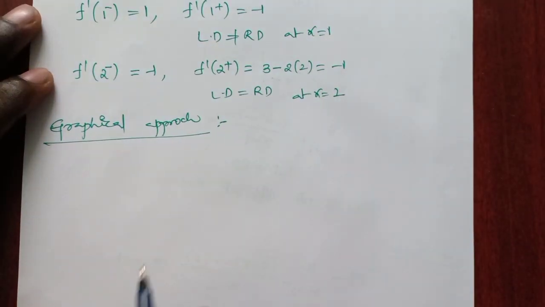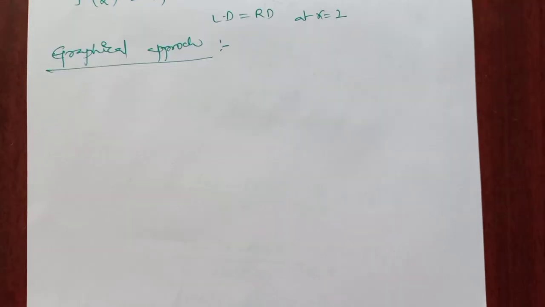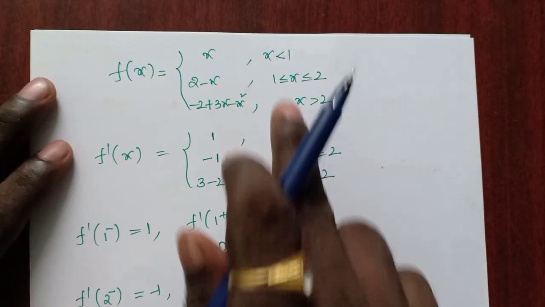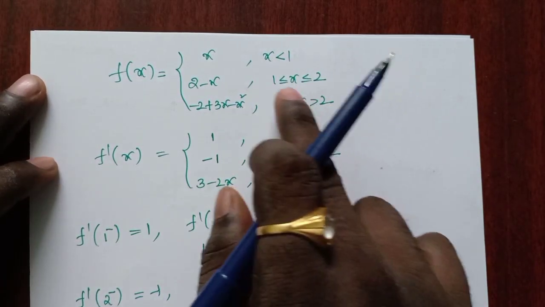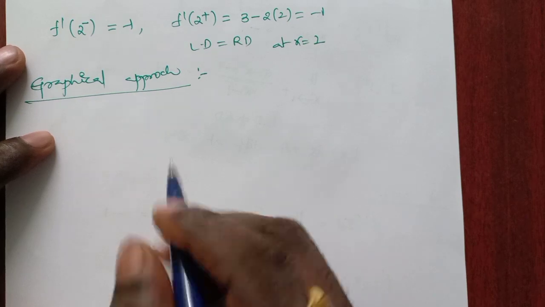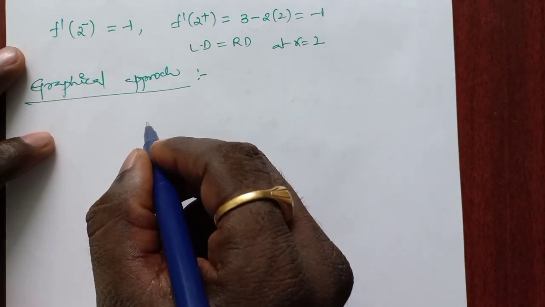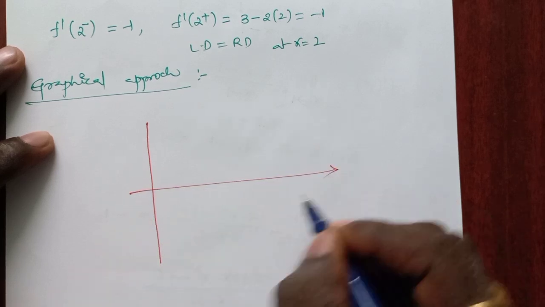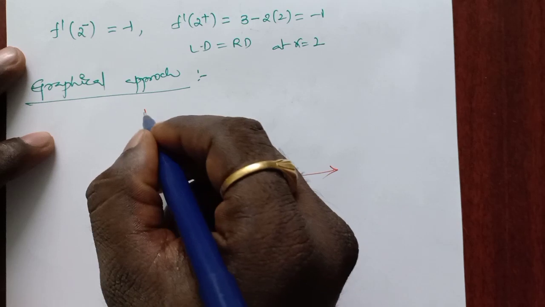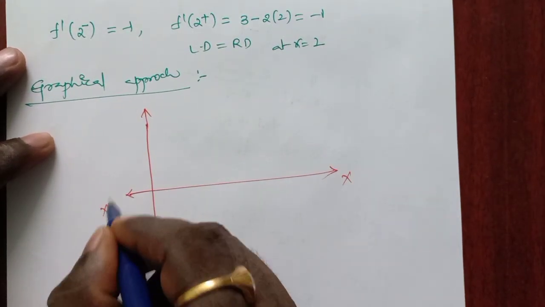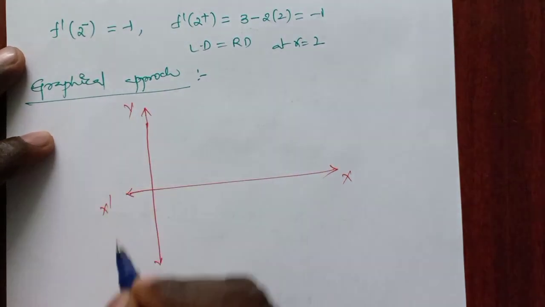I draw a graph. Now see the graph. We have three regions: x less than 1, in between 1 and 2, and x greater than 2. It is completely in the positive region, so I take only positive x, no need to take negative, and y.